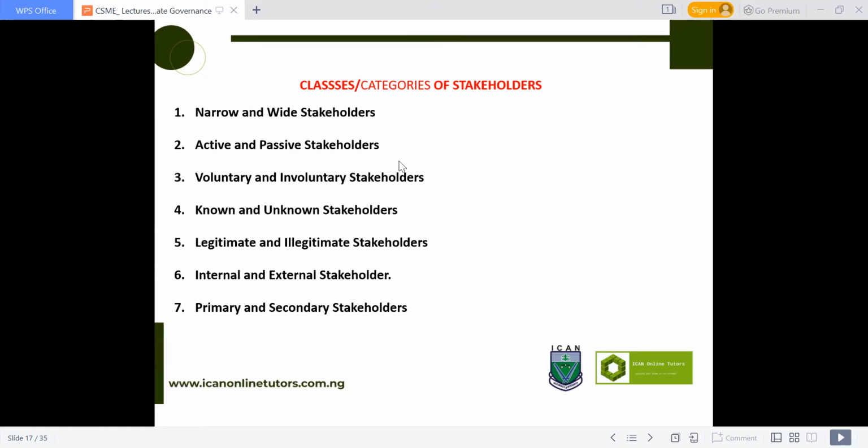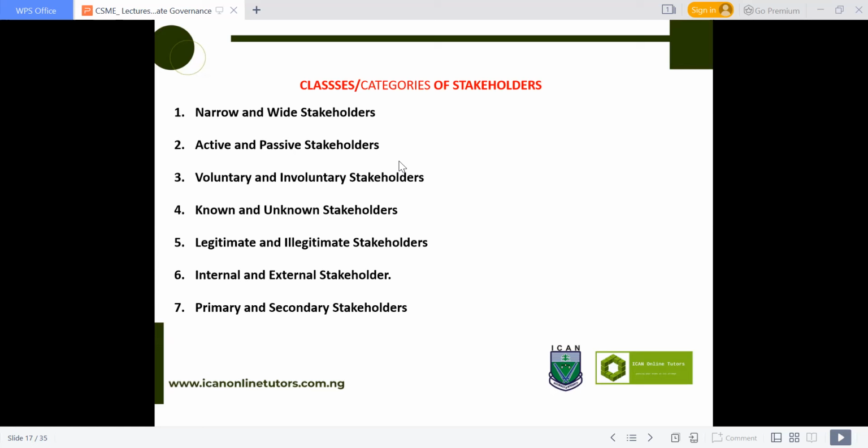But involuntary stakeholders are those who do not choose to be a stakeholder, but they have no choice. Like employees, sometimes you are a voluntary stakeholder because you see the advert and you know the company, you send your CV. You are a voluntary stakeholder.